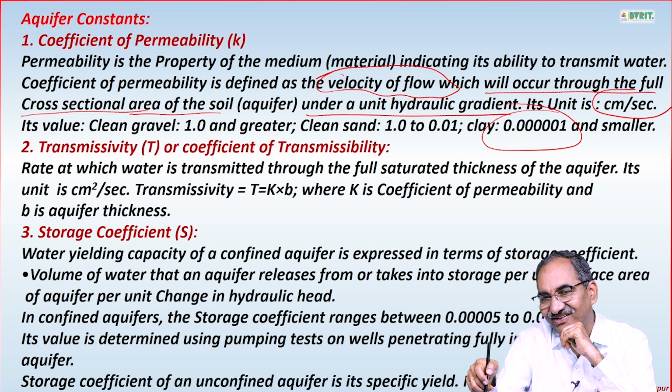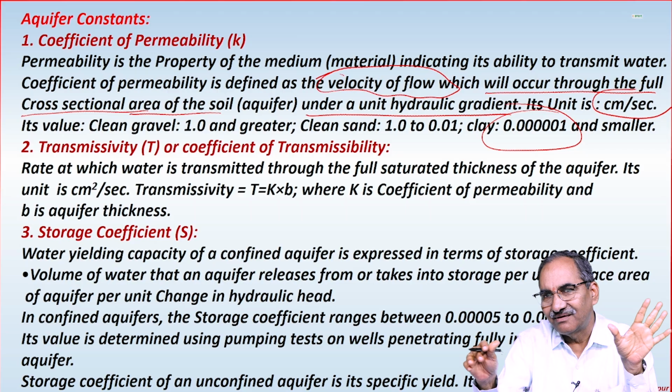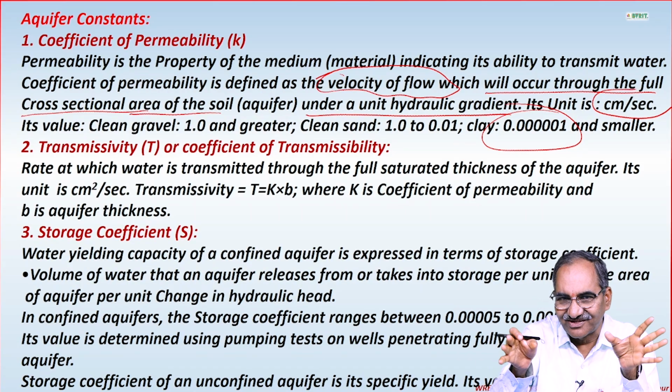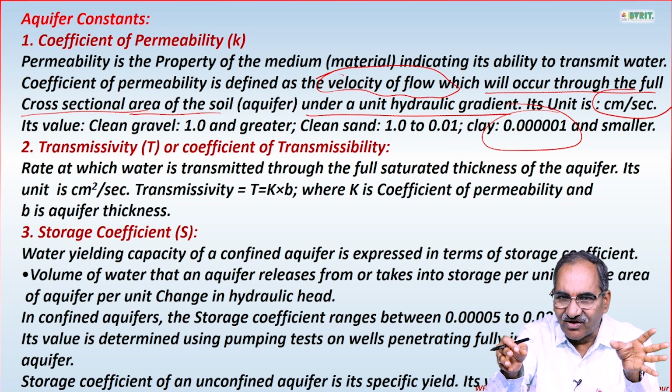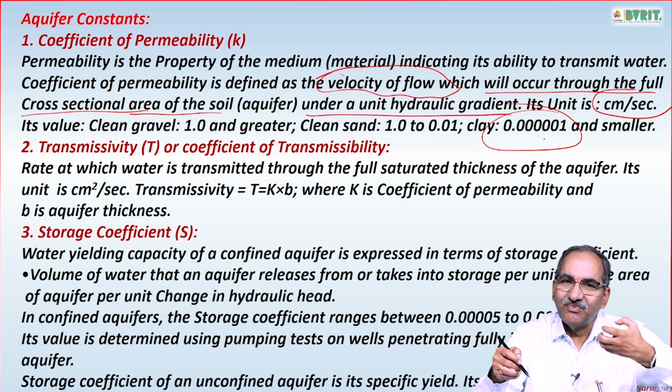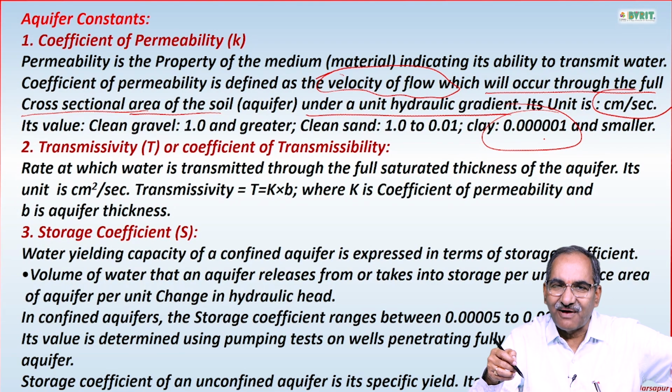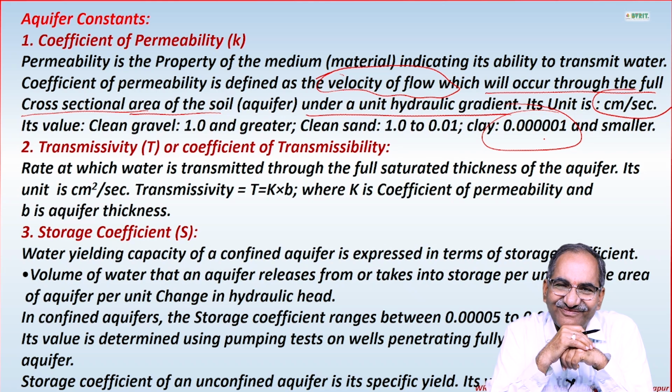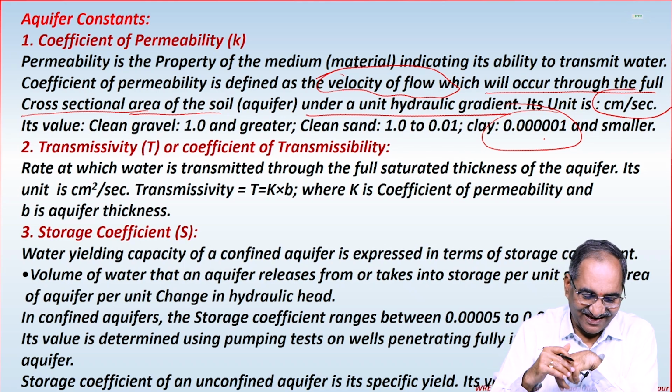So what does that represent? Porosity is high for clay, whereas permeability for clay is almost negligible. It cannot transmit. That is what it represents. So the transmitting power of a soil is what we call permeability.